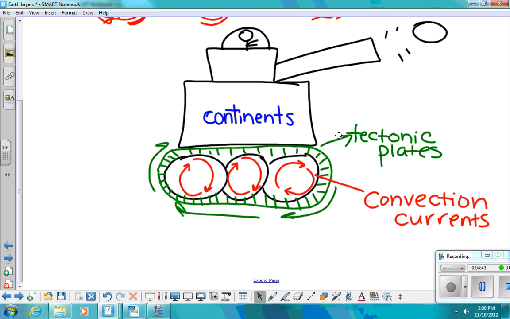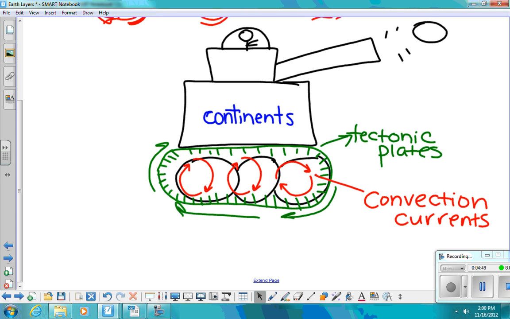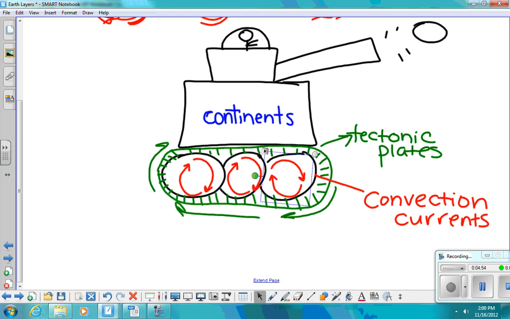Okay, so as the wheels are spinning, or the convection currents are spinning, that starts to turn the green and that starts to move, and on top of the tectonic plates are the continents, and those begin to move as well.